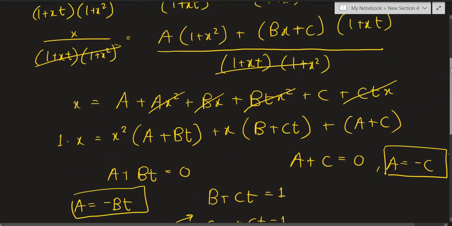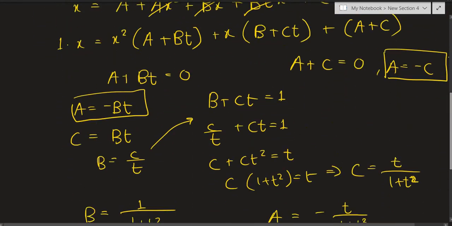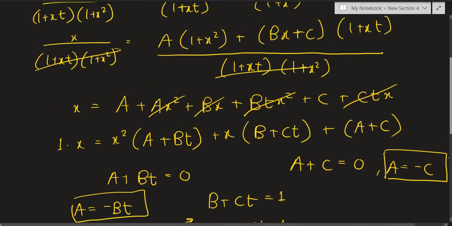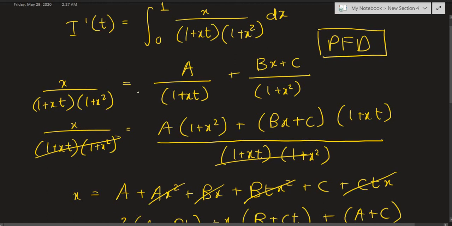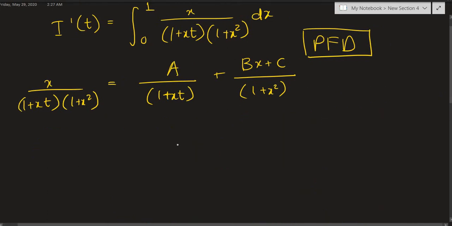So now, using all this information to decompose our original integral, let's go ahead and plug everything back in over here. According to our partial fraction decomposition, we have a equals negative t divided by 1 plus t squared.